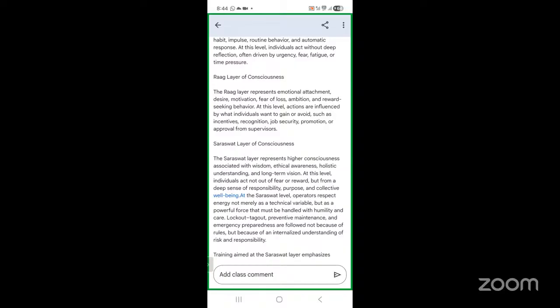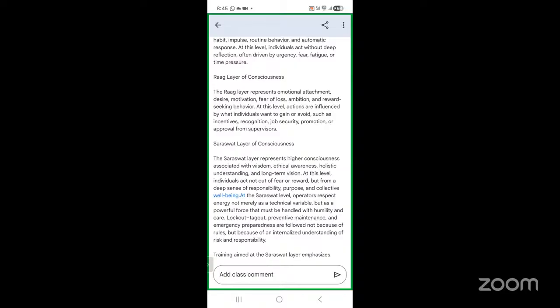At this level, individuals act not out of fear or reward, but from a deep sense of responsibility, purpose, and collective well-being. Operators respect energy not merely as a technical variable, but as a powerful force that must be handled with humility and care.